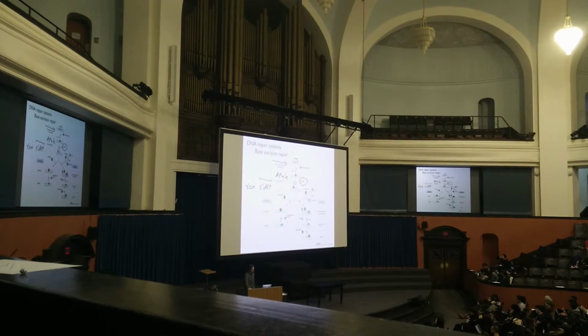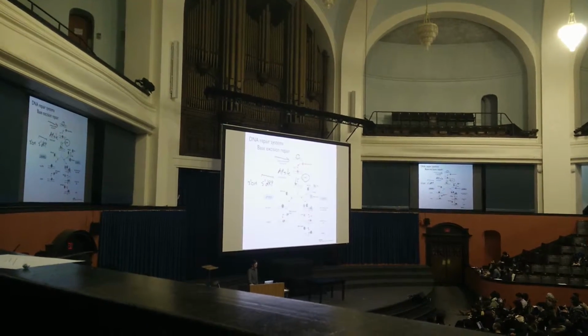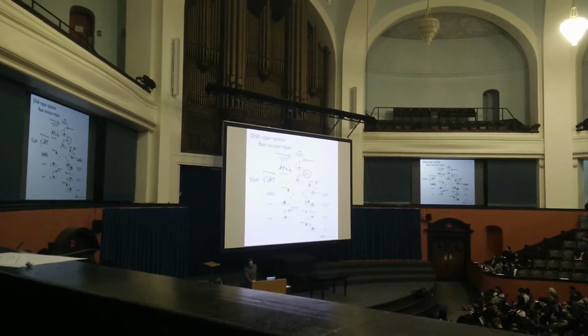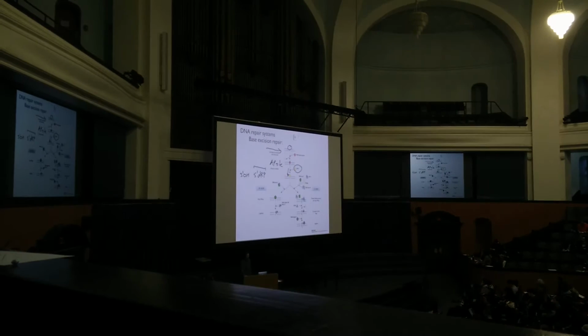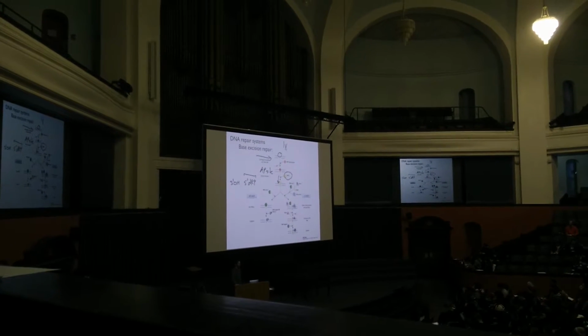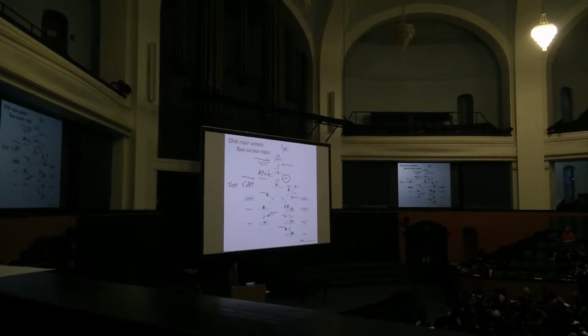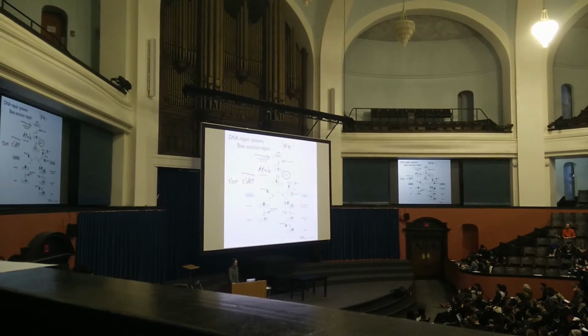So the next step is that this has to be removed, and I mentioned this is done by a lyase. And the lyase in this case is actually a domain of DNA polymerase beta.